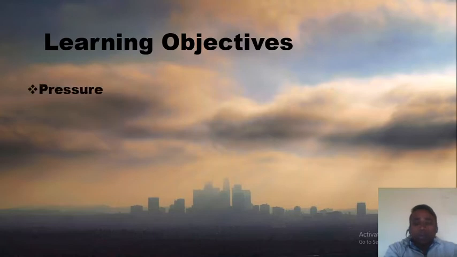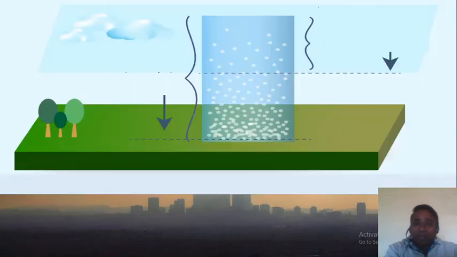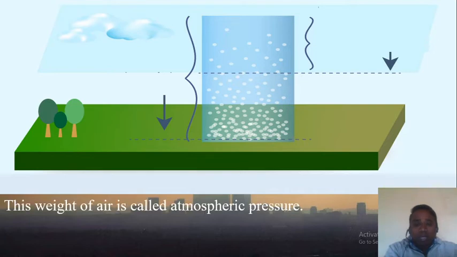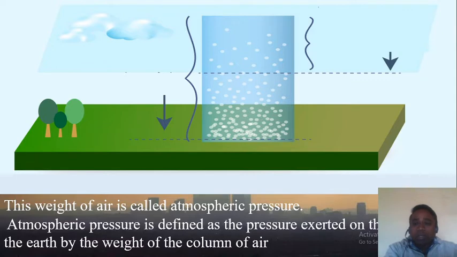In this video we'll be talking about the pressure and pressure belts across the world. Now we know that the weight of air is called atmospheric pressure. So atmospheric pressure can be defined as pressure exerted on the surface of earth by the weight of air column.